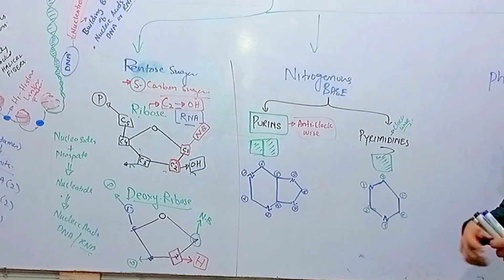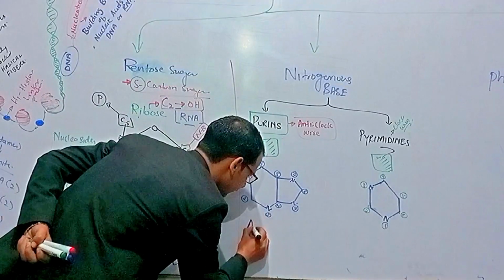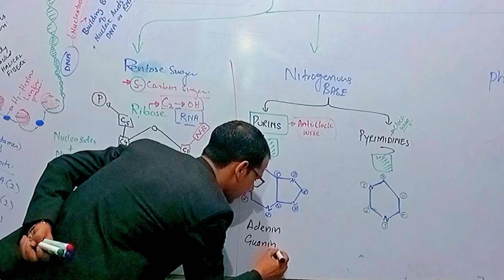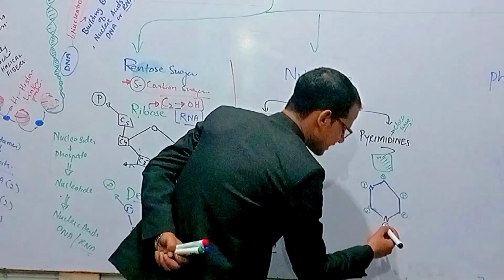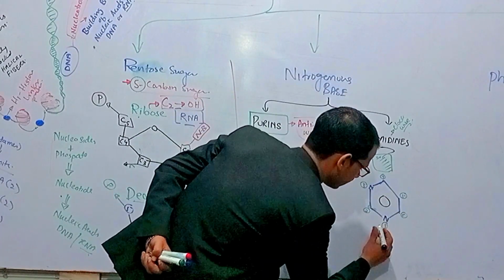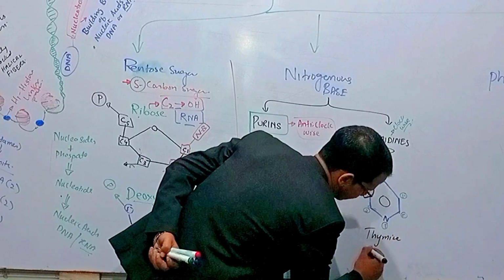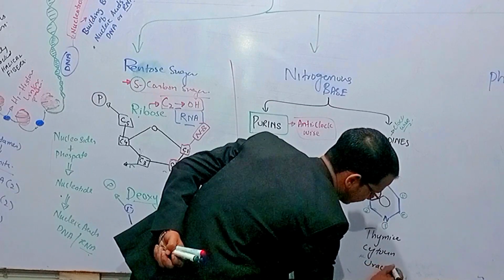So the nitrogenous bases in which two rings are present are adenine and guanine, right? The nitrogenous bases having one ring are thymine, cytosine and uracil, right?